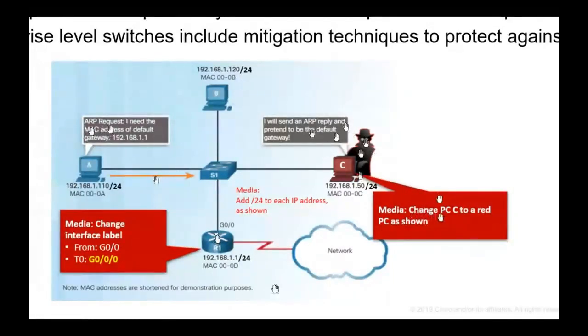Ooh. Okay, so basically, it changes PC A's entry to the attacker's MAC as shown, and we could now intercept all communications, if this worked, from the PC to the internet, because it goes through the default gateway, couldn't it?